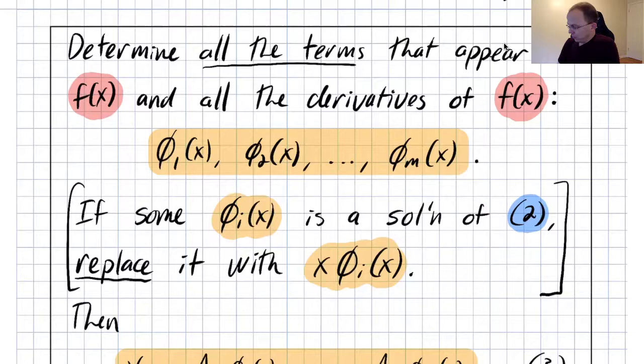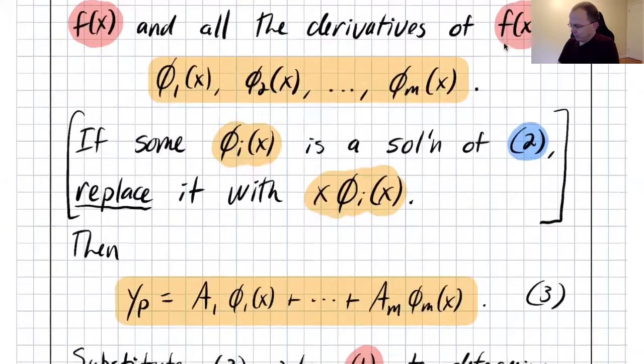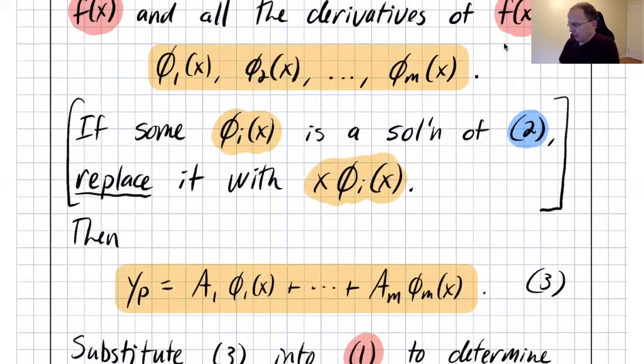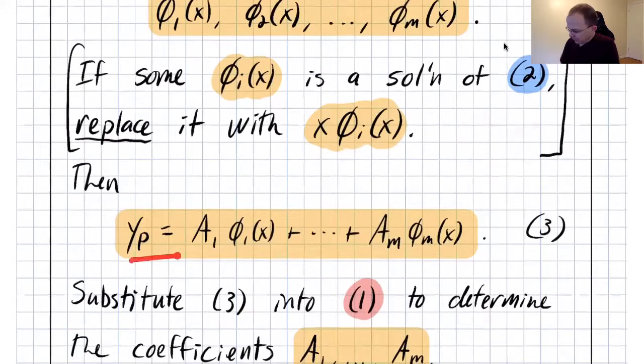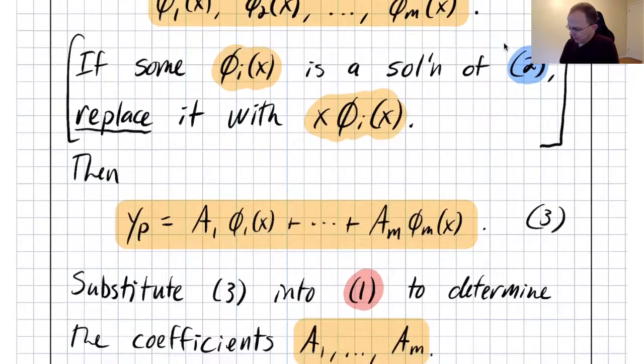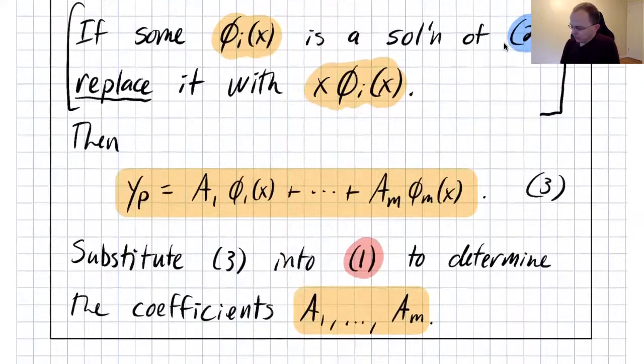So once we have our list of functions, after we've done this replacement, we form a linear combination of those functions from this list. And we simply substitute this linear combination into the differential equation.